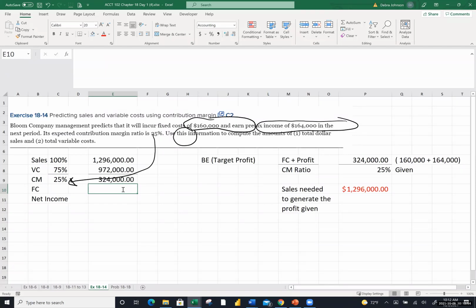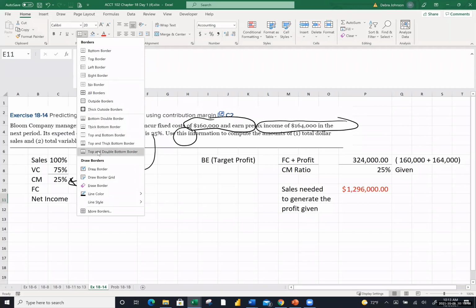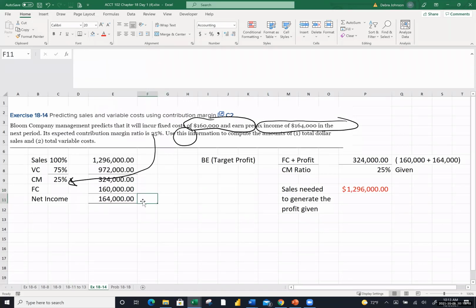The fixed costs were 160,000. It should be no surprise that when I calculate my net income, we just proved that that number is correct because they did generate that 164,000. And remember, this was pre-tax.